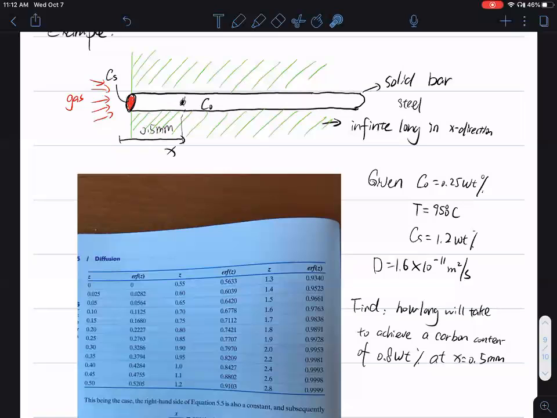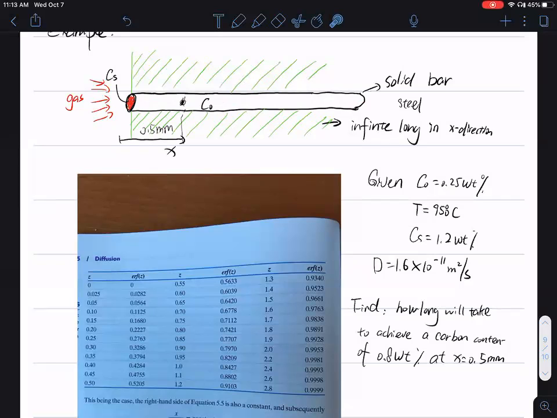So same deal here. We want to figure out how long it takes this location to reach a concentration of 0.8%. Right now, remember the initial condition we have is inside of this bar, we only have 0.25 weight% of carbon. Now we want to increase that to 0.8%.